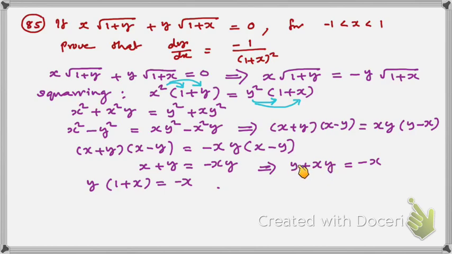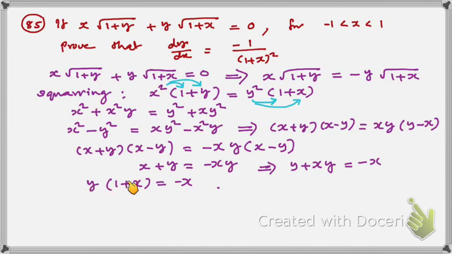The reason for bringing xy to the left side is because we want to solve for y. We want all the terms which involve y to be on the left side. So I keep y on the left side and I also bring minus xy to the left side. So y plus xy. So I have both the terms which involve y on the left side and shift x to the other side, which is minus x.